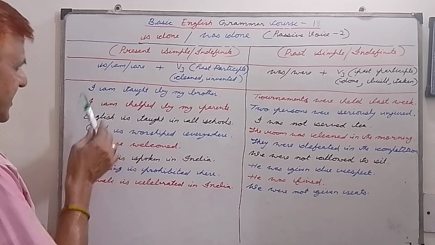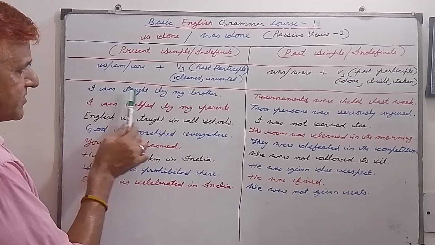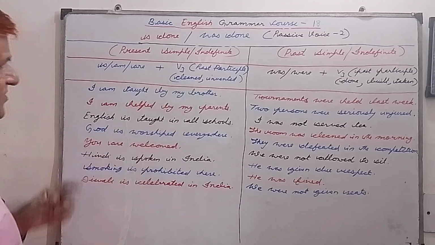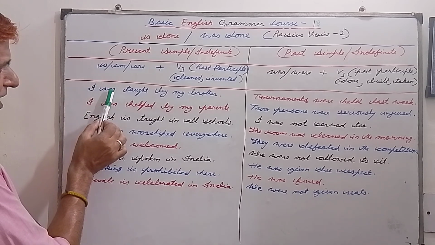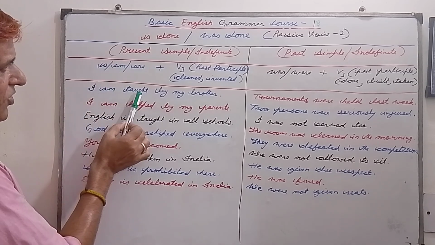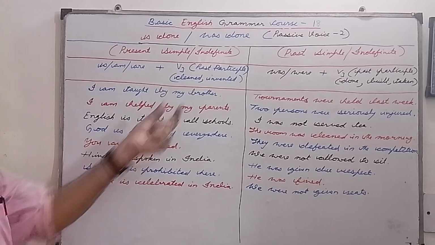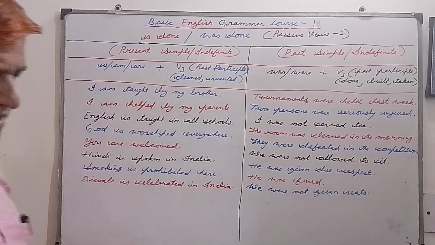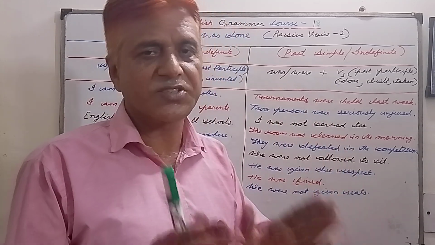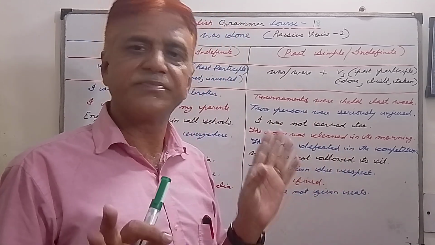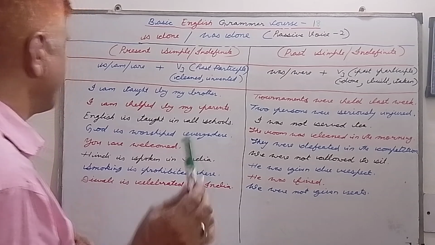So the first sentence I have taken is: I am taught by my brother. So I is the subject and am is the helping verb, and taught is the third form of the verb, or past participle. So please remember, my dear students, that past participle is nothing but the third form of a verb.